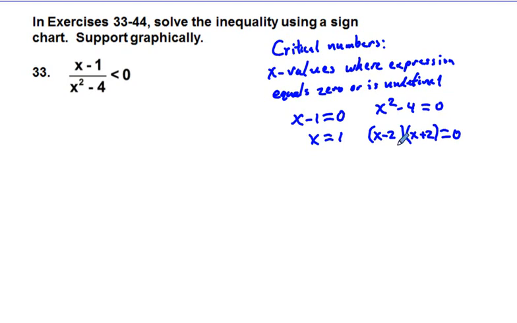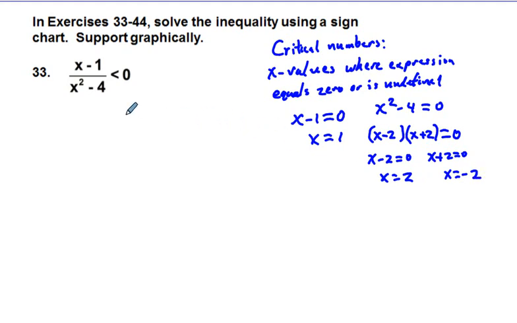And so if we set that equal to 0, using the zero factor property of algebra, we have x minus 2 equals 0 and x plus 2 equals 0. So x equals 2 is a critical number and x equals negative 2.